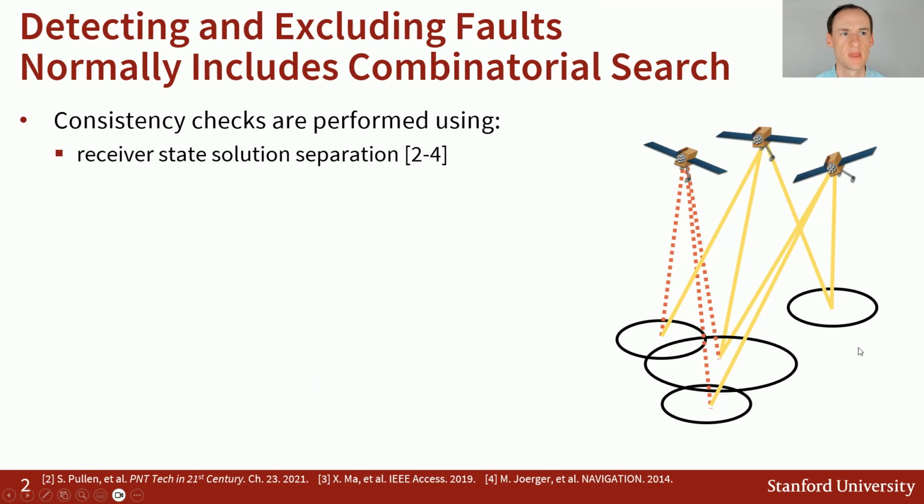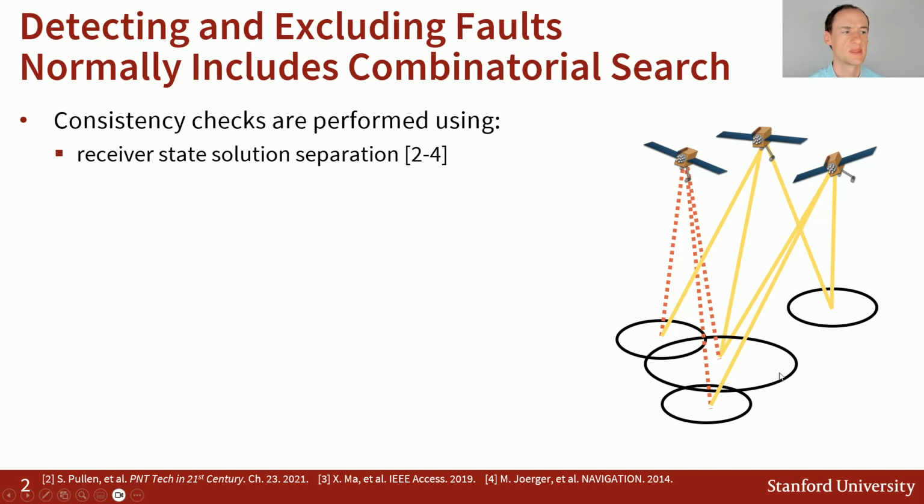In the past, there have been a number of fault detection and exclusion methods. One of the common methods is state solution separation. In this method, you calculate a receiver position using all satellite measurements, and then you create combinations of satellite measurements, compute the receiver state using just those combinations of measurements, and you check the consistency by how far the solution changed between those combinations.